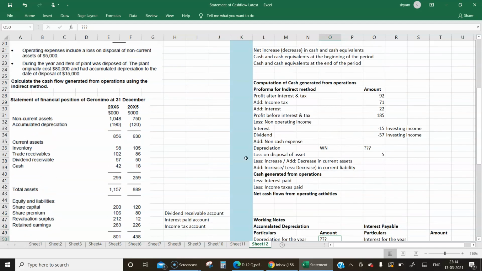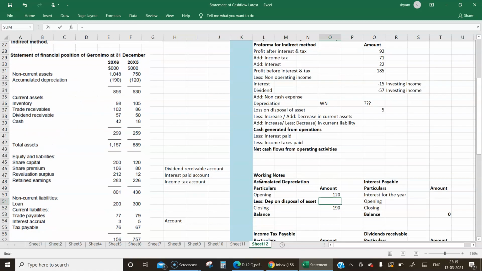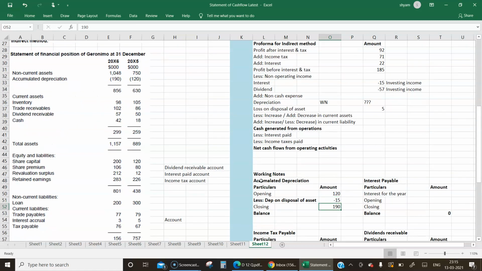But if you see, there is a disposal of an asset. The accumulated depreciation on the date of disposal was 15. So from the opening, there has been a reduction for depreciation on the disposal of the asset, which comes to 15.